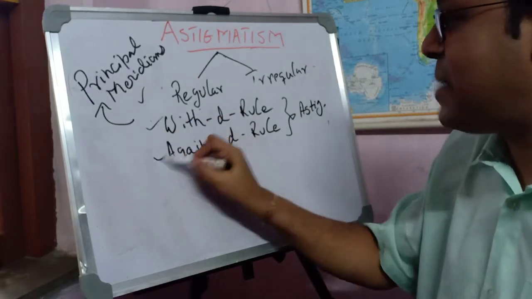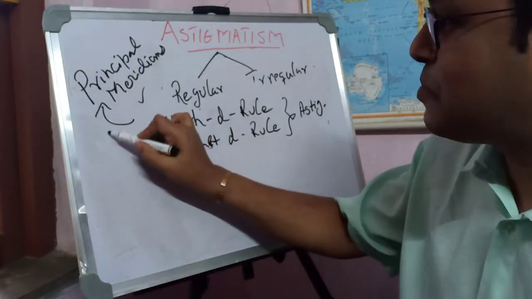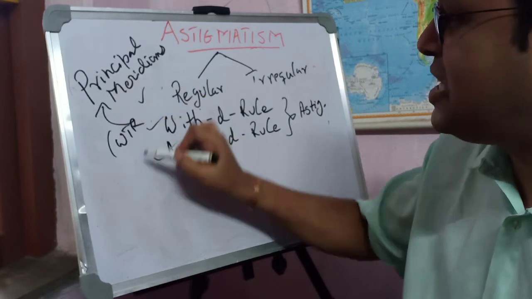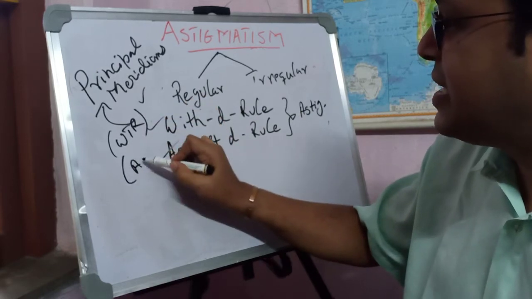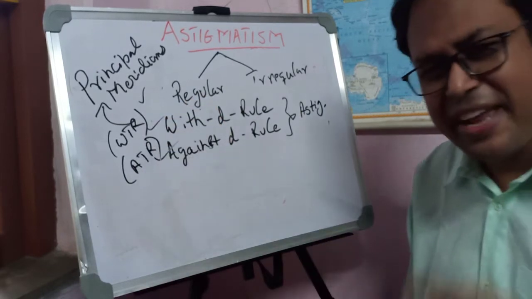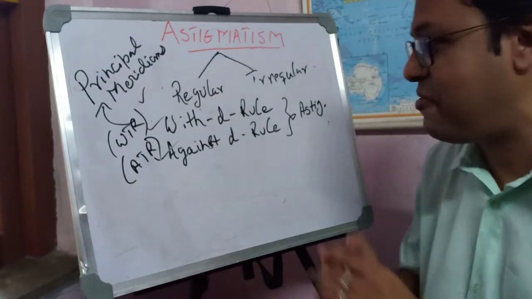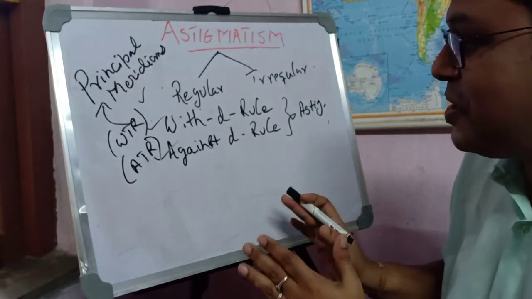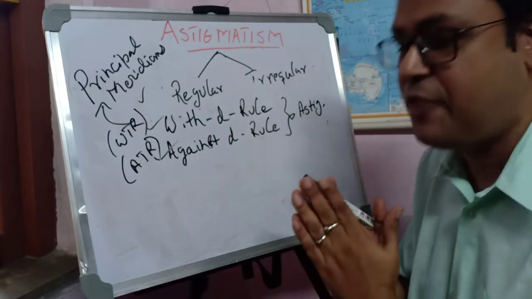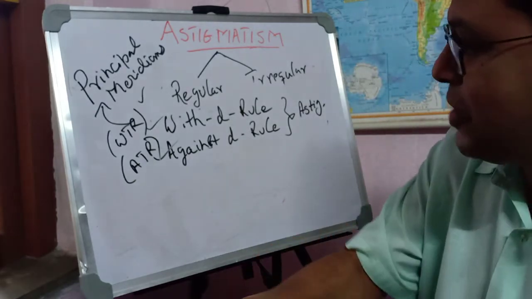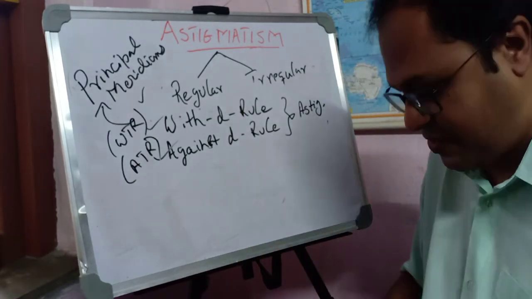With the rule astigmatism, against the rule astigmatism, commonly said as WTR and ATR. Very easy. If I show you what is WTR and what is ATR, it will be very easy for you. I know it's not going to be a very difficult subject for you.